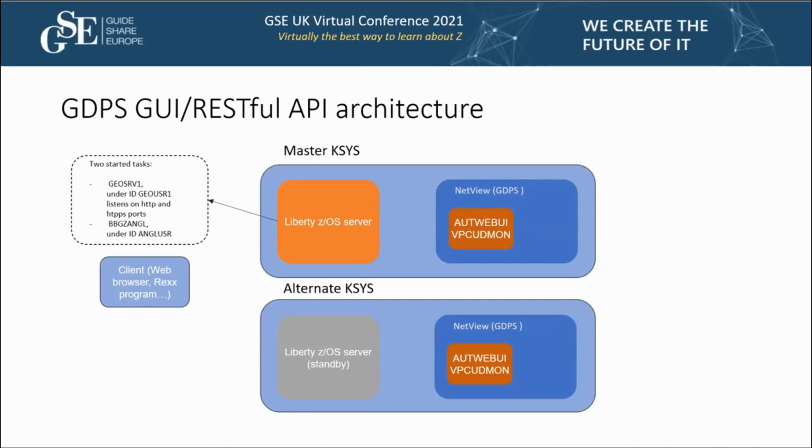The first one, which we'll see here listed as GeoSRV1, is the Liberty application server. This is where the API and the GUI code is running.